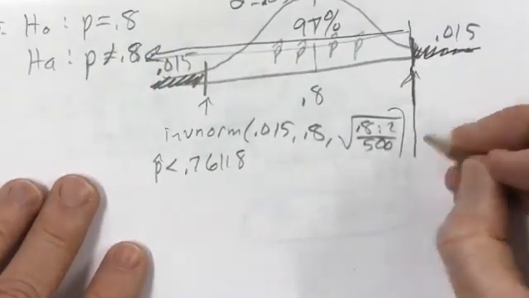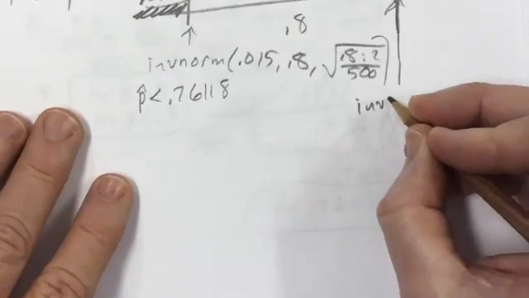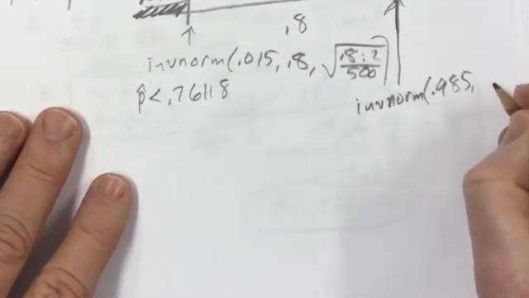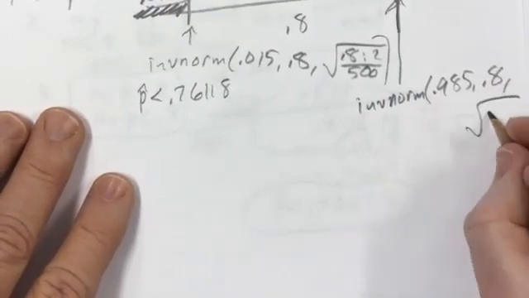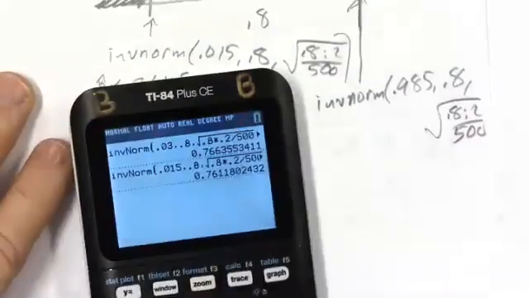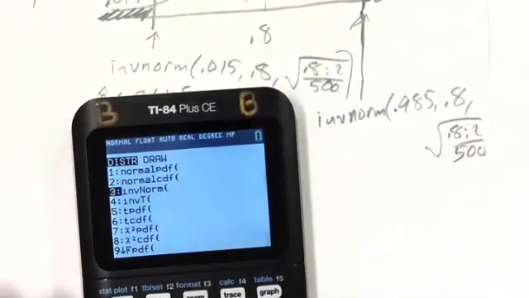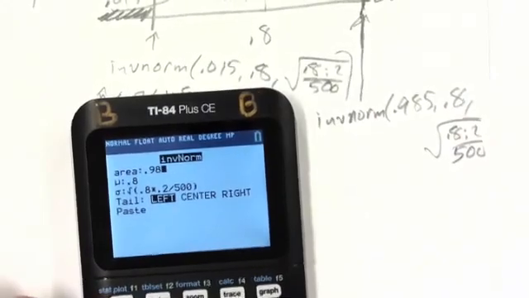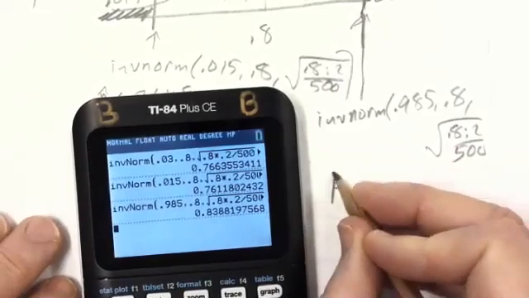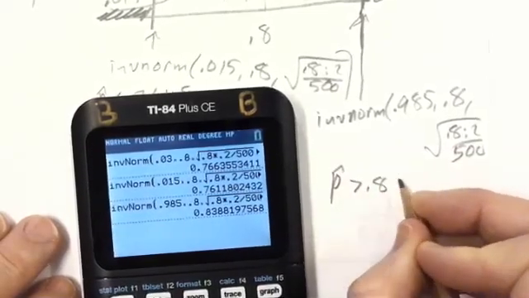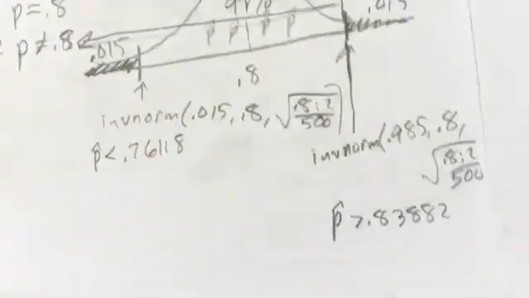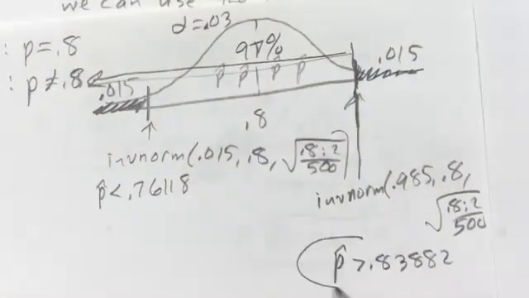So for this one, it's going to be inverse norm of 0.985, mean of 0.8, standard deviation, square root of 0.8 times 0.2 over 500. Let's see what that is. So we go second distribution, inverse norm, 0.985. And so that would be anything greater than 0.83882.